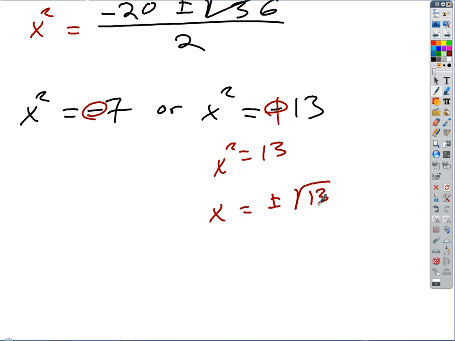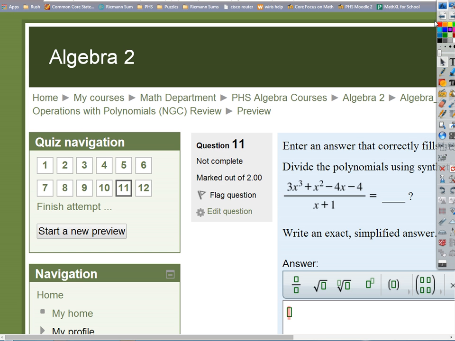So I'd have to enter both the square root of 13 and negative square root of 13, right? That's the only extra step, though, right? Same step we did in chapter 5. The only extra step is just square rooting both sides to solve for x. Okay? All right, keep going here. We're making good time. This is great.